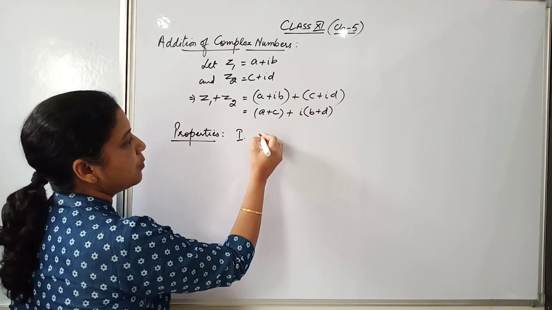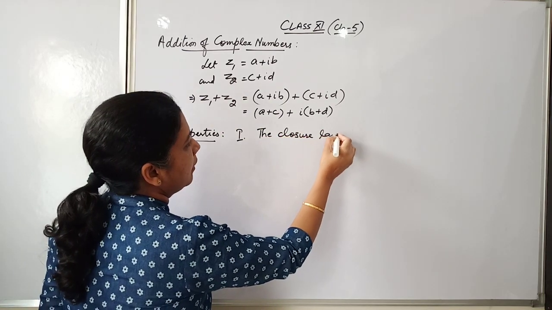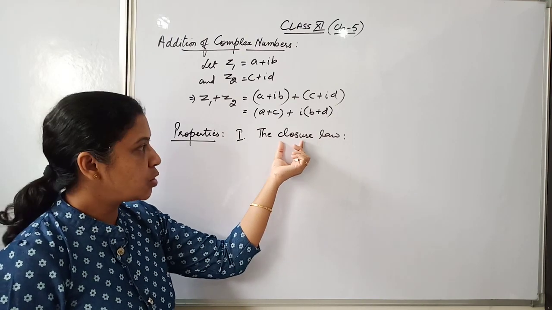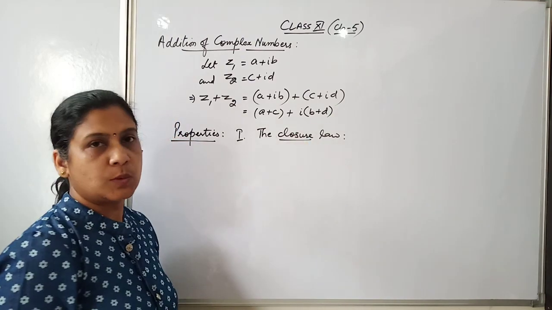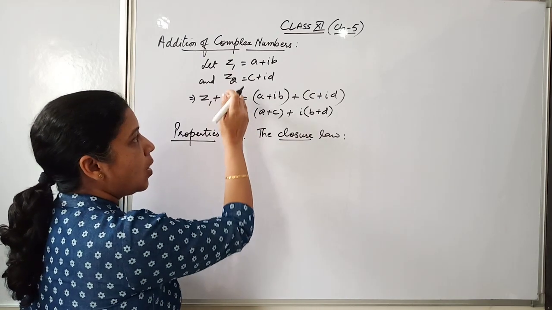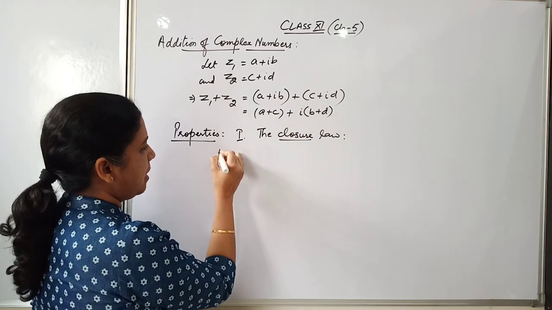The very first property is the closure law. As the name suggests, the closure law, closure, I am going to focus on this word. It means when I add two complex numbers, the sum is again a complex number.